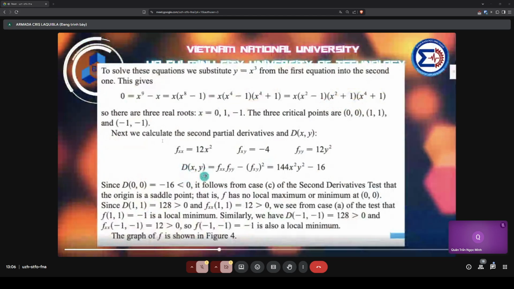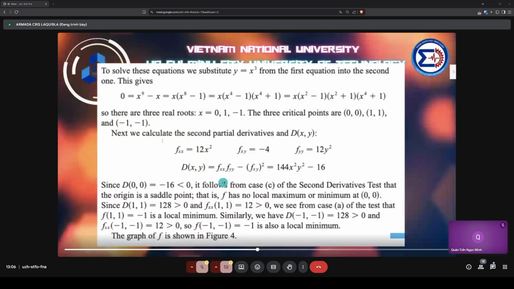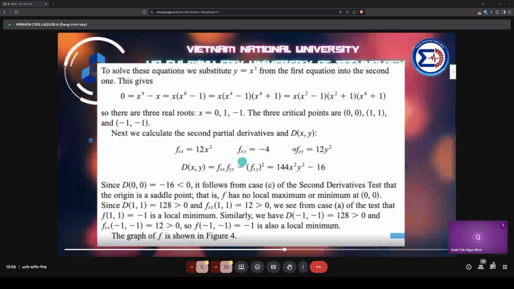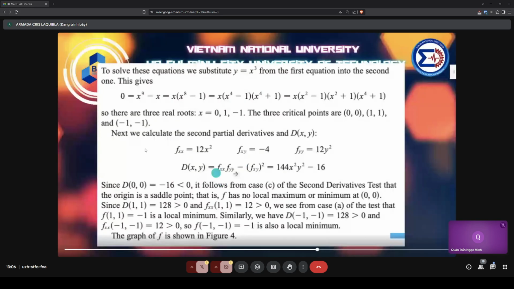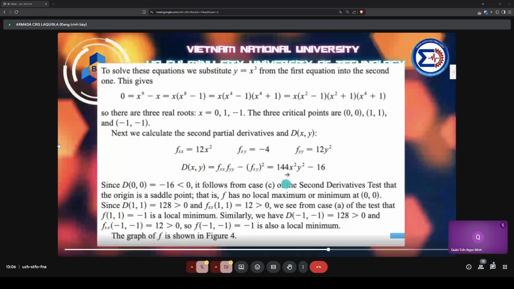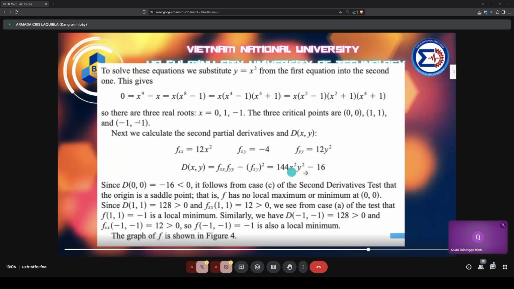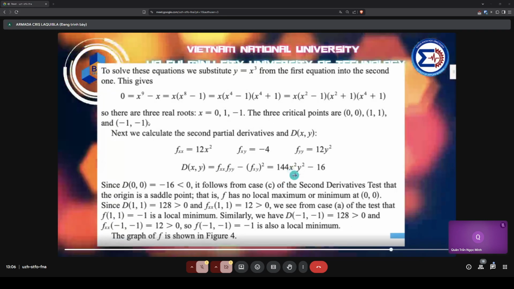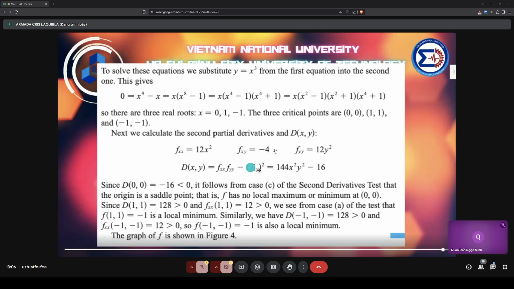So fxx, we have 12x squared. And then fyy is 12y squared. If you multiply that, it becomes 144 x squared y squared there. Now next, minus, you square your fxy. So this one is negative 4. Square it, it's 16. So you have there minus 16.